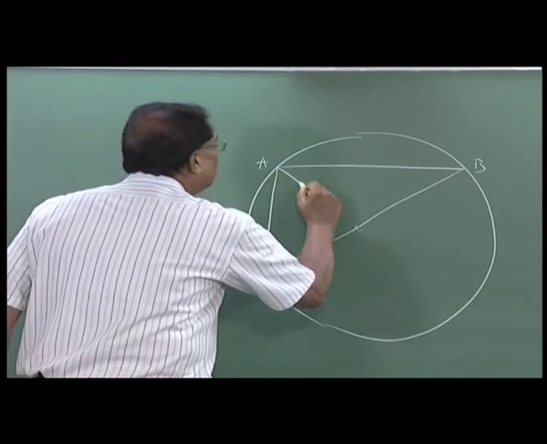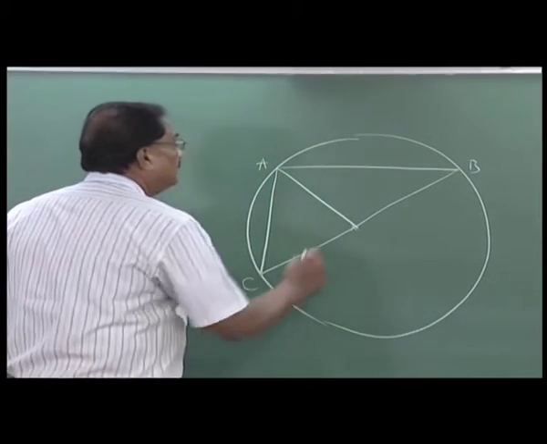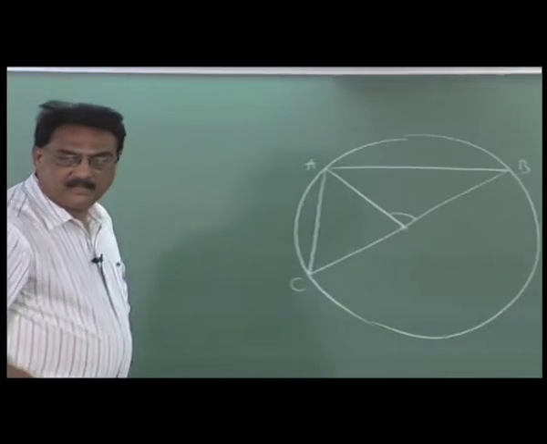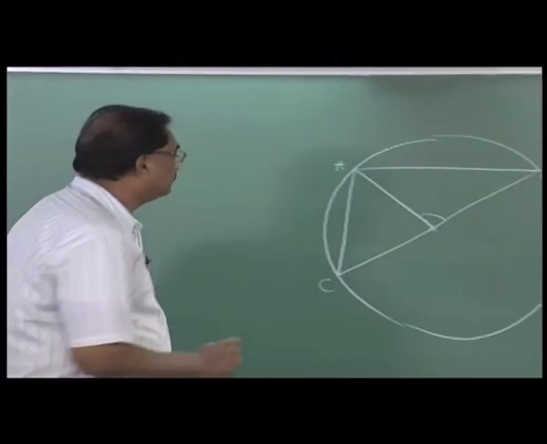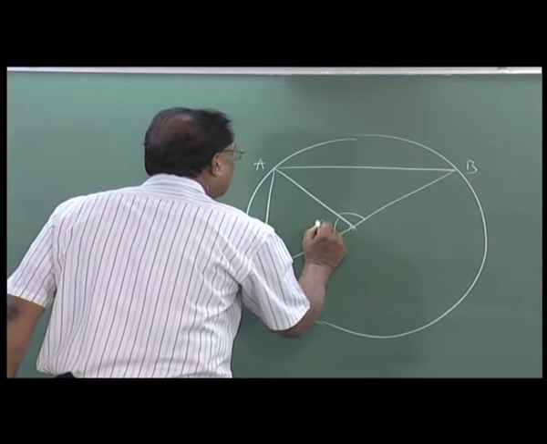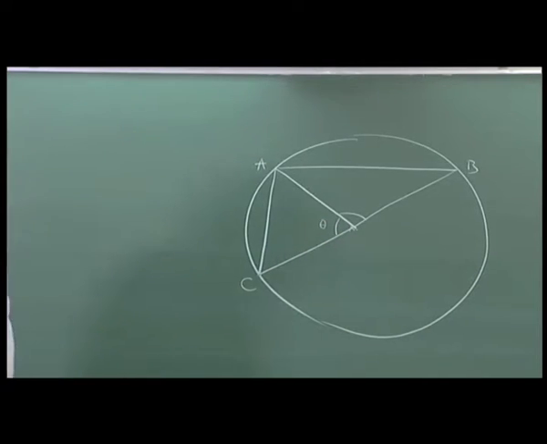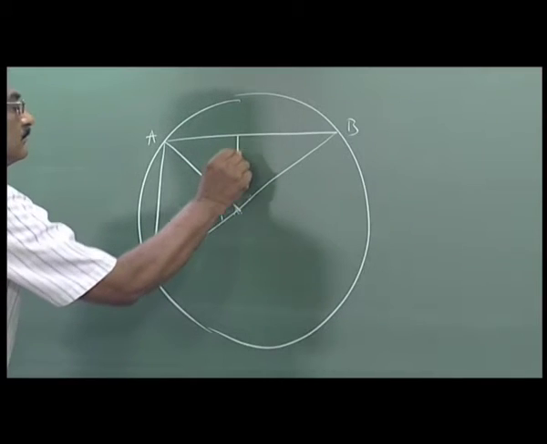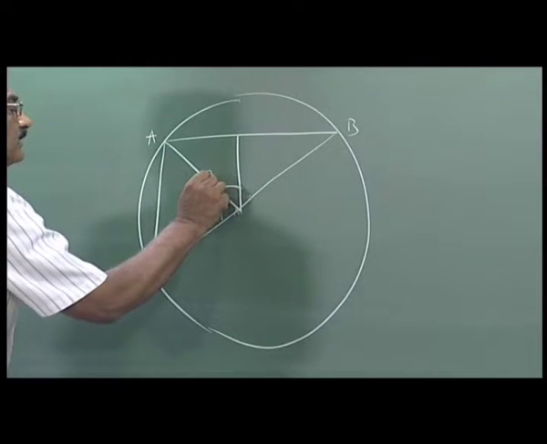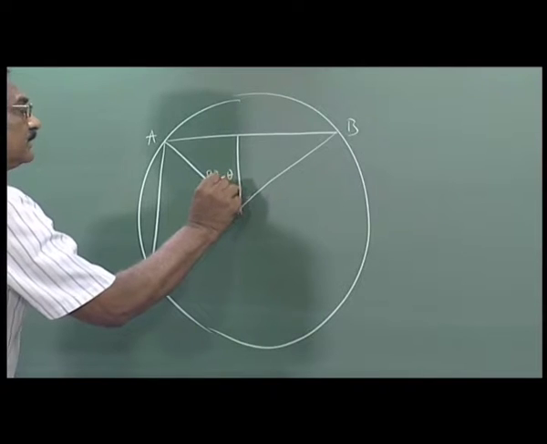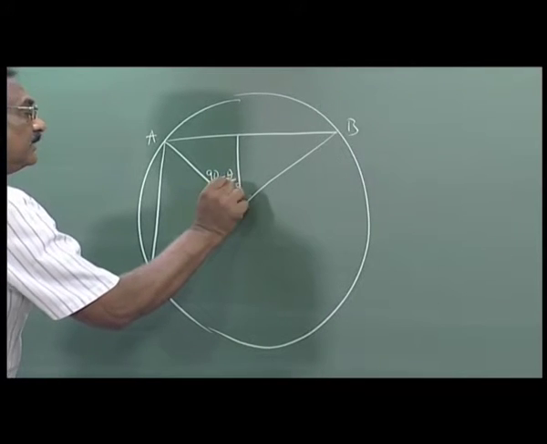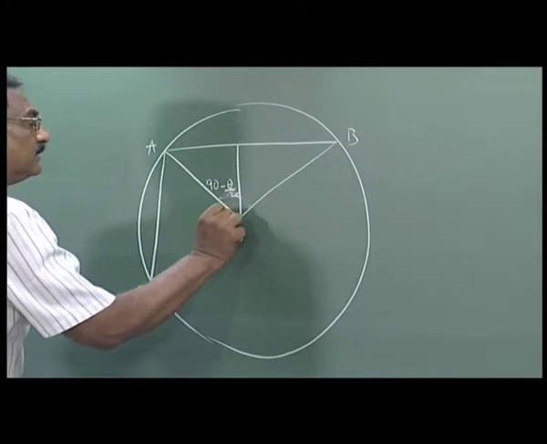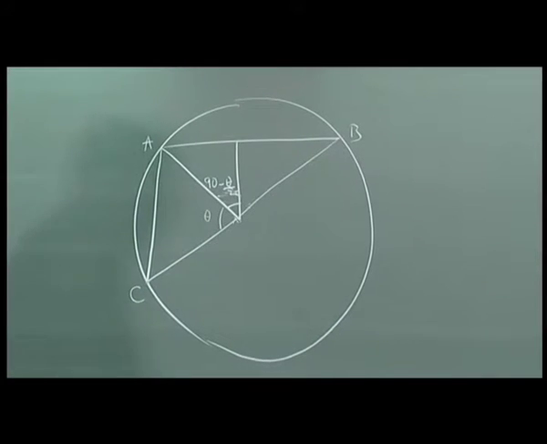So, let me put it like this. This angle is, let us say, theta. Then this angle is 90 minus theta by 2 clearly, right. I need this.